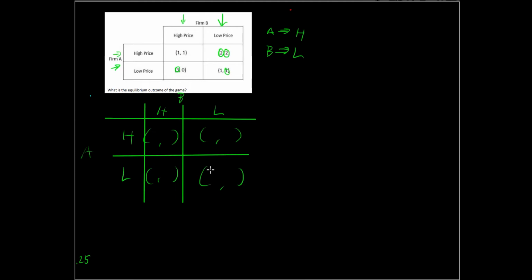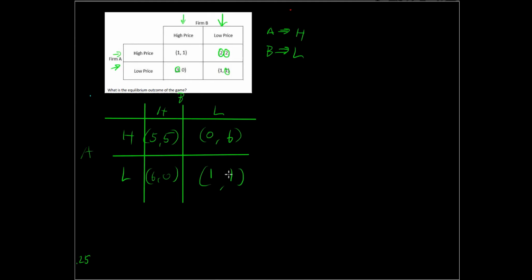So let's say that at low, they get 1. At high, they get 5 and 5. But in these diagonal outcomes, let's say firm A chooses high and firm B chooses low, and they get that. The idea here is whenever one of these firms gets undercut, they lose all market share and their revenues go to 0.